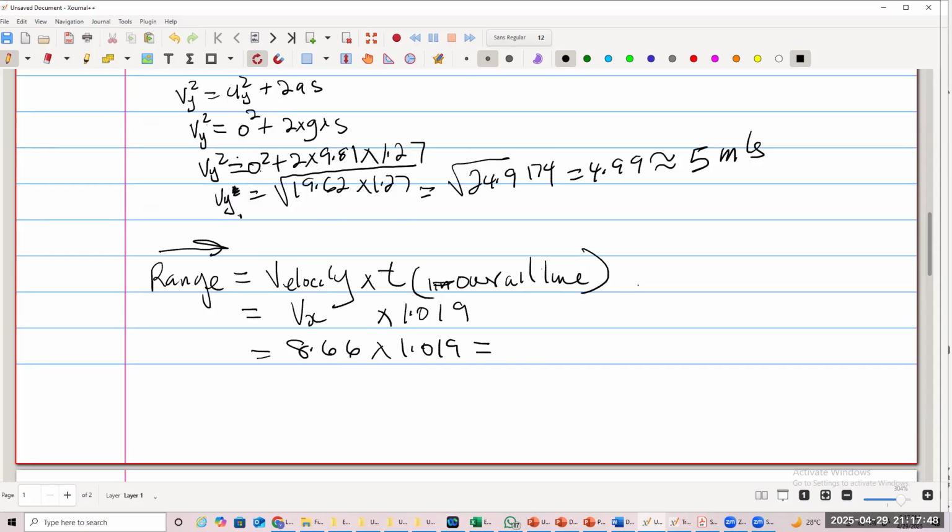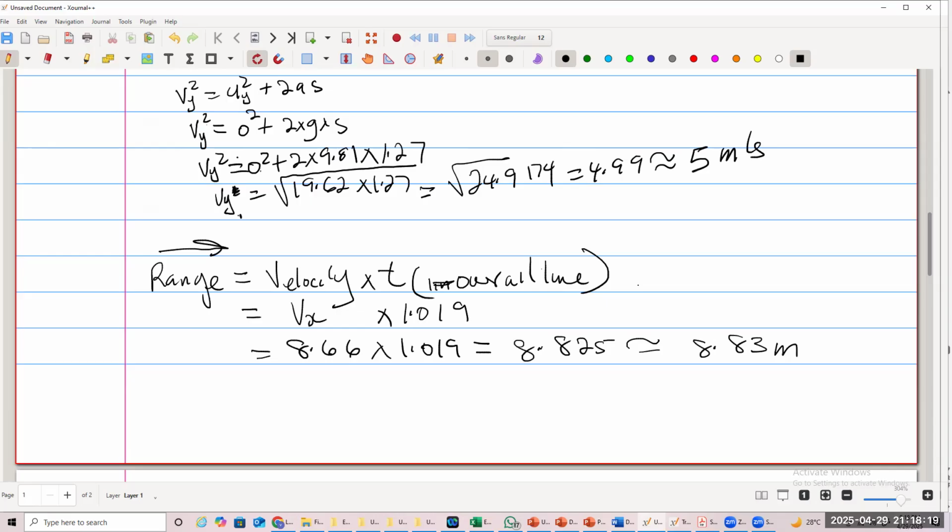You get 8.8245, or you can round it off to 8.83 meters. You can round it off to 2 decimal places, 3 significant figures. That's all right, so I won't kill you for that.